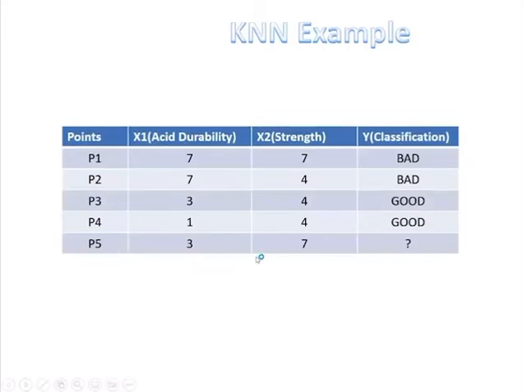Maybe we have a new entrant now, a new data point. The acid durability is 3, the strength is 7, and the question now is, how can we classify this? This is a classification problem. So how do we go about this using KNN?